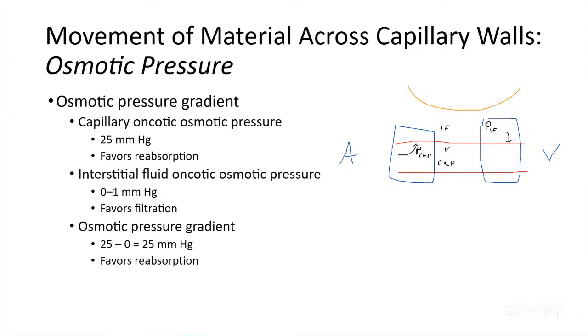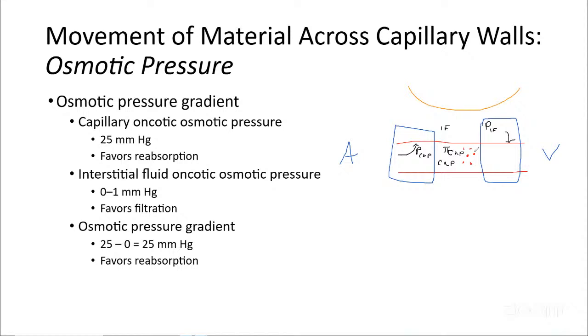So we're going to have a pi cap, okay? In this case, what we're thinking about is that we have a bunch of proteins in the capillary, right? There are lots of blood proteins, and they're non-permeating solutes.